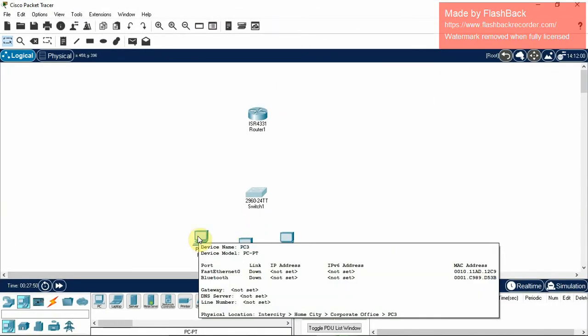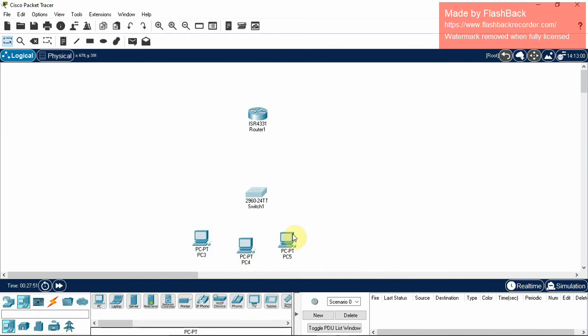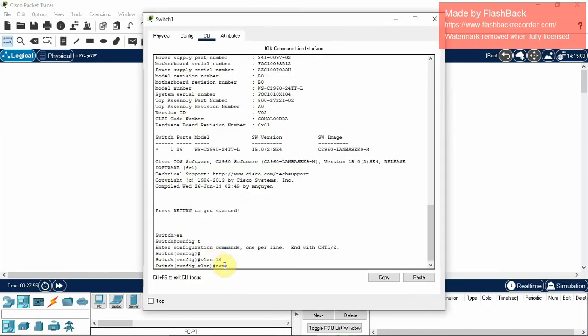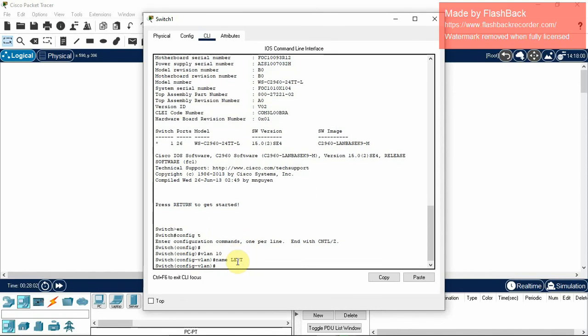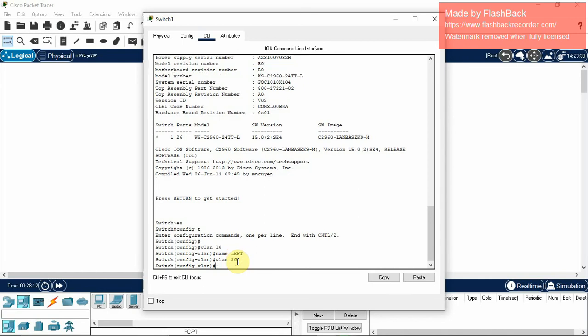So I'll say this one is the left, the middle, and the right. So the first one is going to be the left. I'll name it left. And then the next VLAN, which is VLAN 20, of course, I'm going to name it middle.